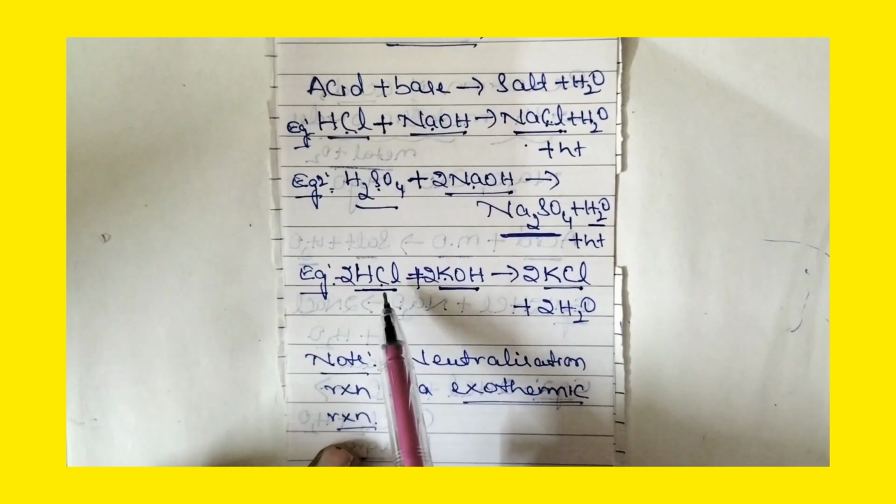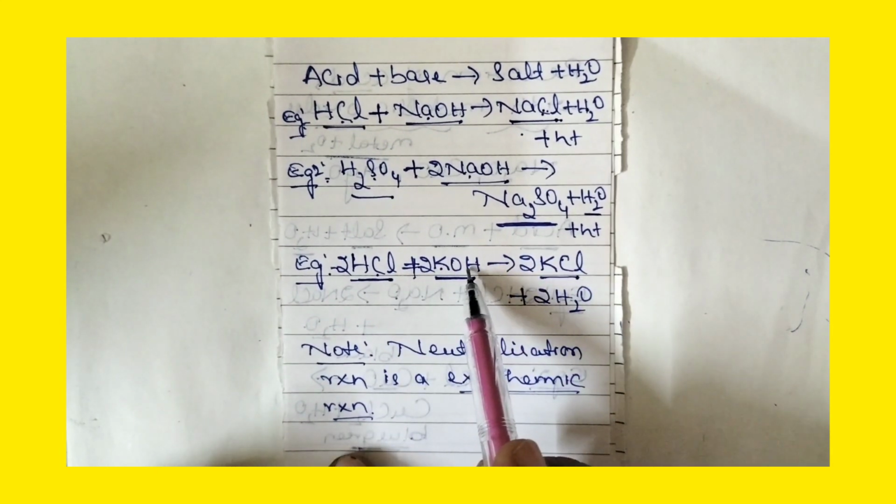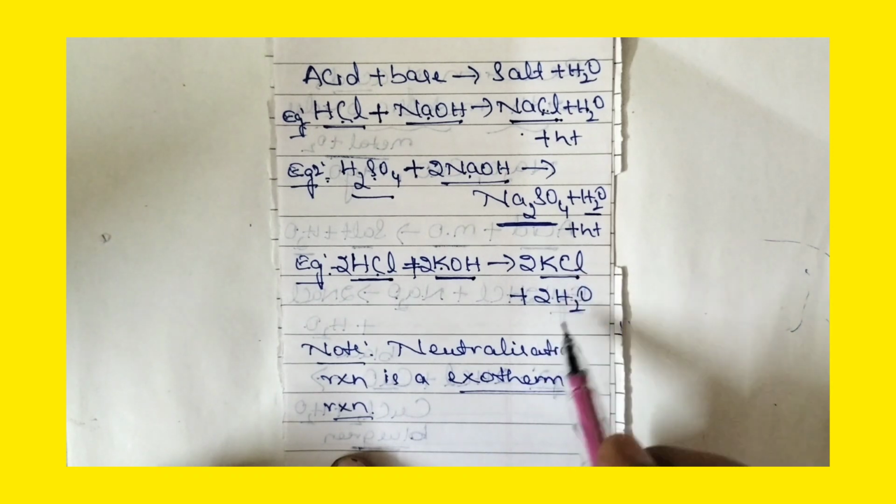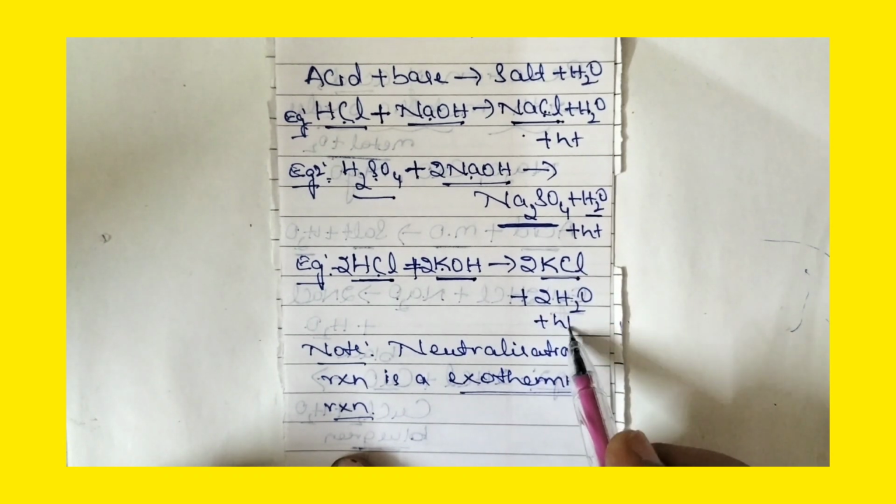Next, hydrochloric acid when it reacts with potassium hydroxide forms a salt called potassium chloride and water, and along with that it liberates heat.